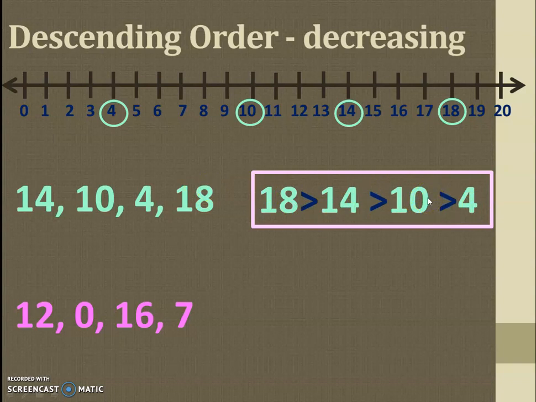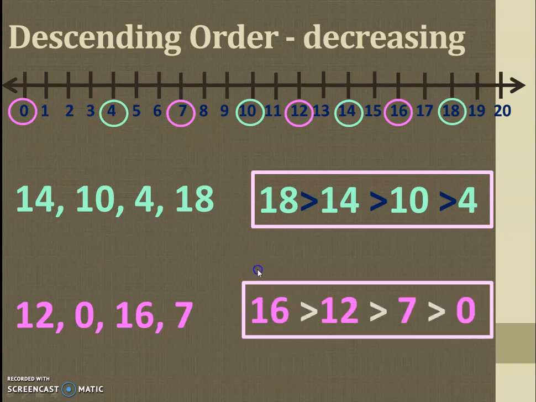And the next set of numbers I'm going to mark on the number line. I'm going to ring 12, 0, 16, 7. Yes, now from right to left I'm going to arrange. It is 16, 12, 7, 0.